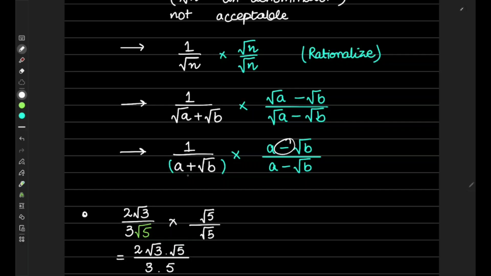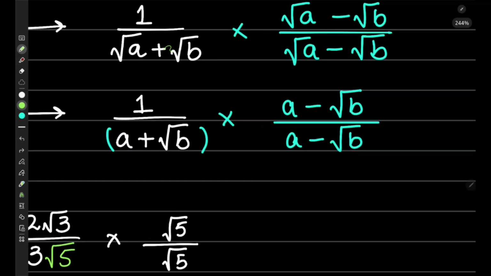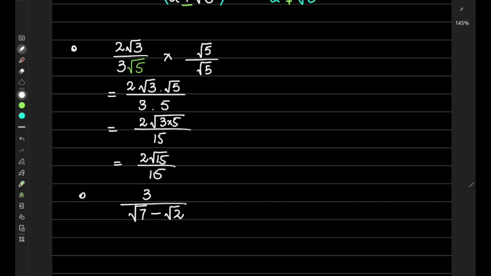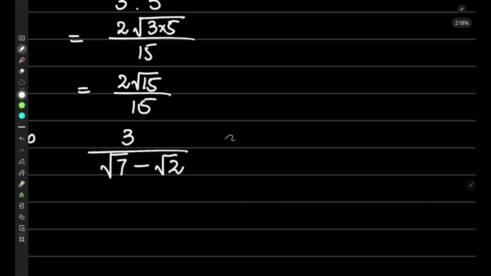If it was a minus, then it will be a plus. So I am writing it like this. If it was minus here, then it will be multiplied and divided with the plus in between.